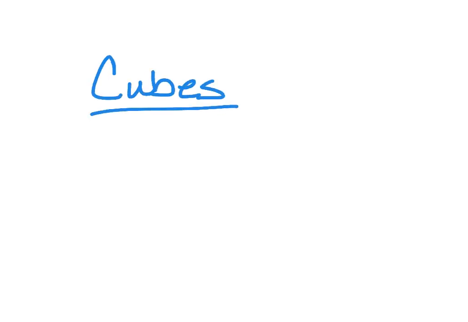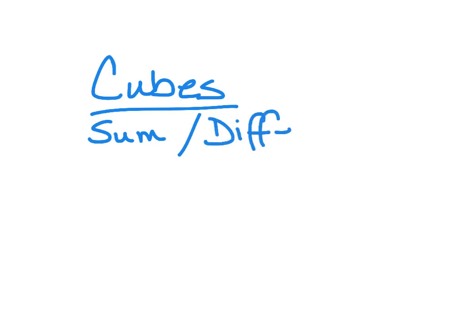So let's start with problems that have cubes, and remember that you can factor cubes using a sum or a difference. Whereas with squares, you can only factor perfect squares if it's a perfect square minus a perfect square, with cubes it's either plus or minus.